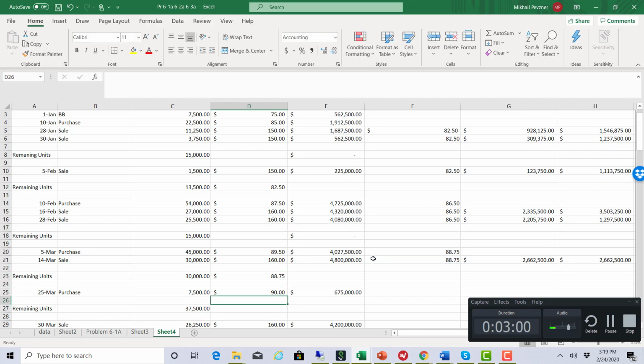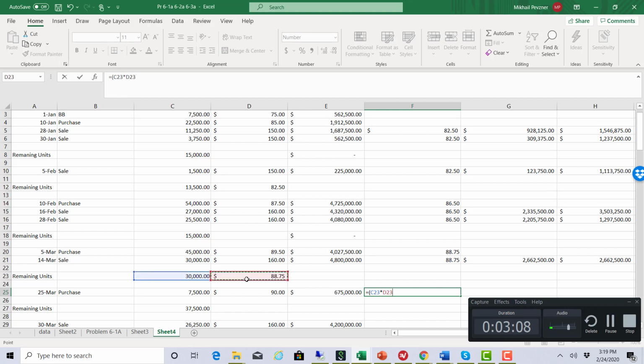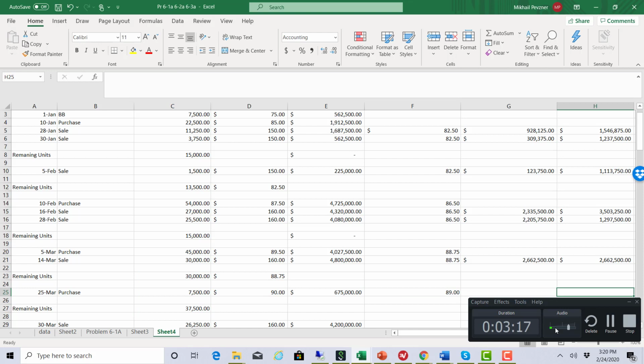So now we're going to have a new average cost calculated because we have a new purchase: 30,000 times 88.75 plus 7,500 times 90, divided by the new number of units, 37,500. The new average is $89.